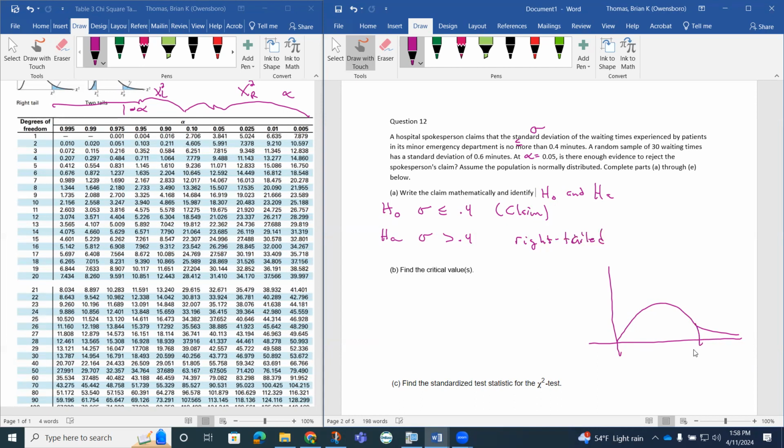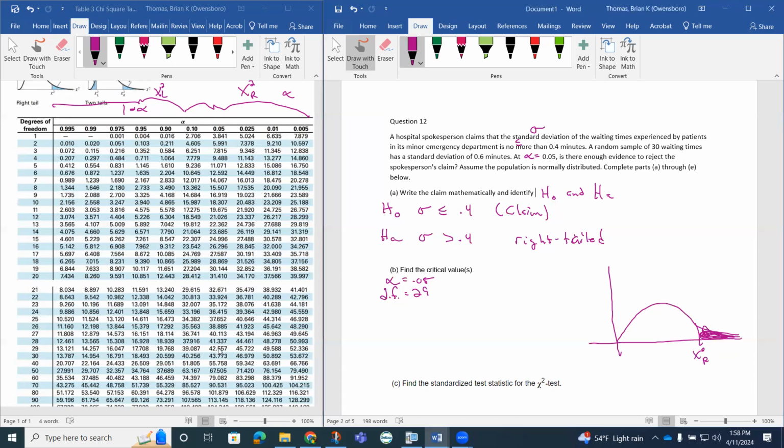So our rejection region is going to be to the right of this chi-squared R. So using our table, we need alpha, which is 0.05, and the degrees of freedom. Since the sample is 30, our degrees of freedom is 29. So using our table, chi-squared R is the right side, so we need 0.05 and 29.